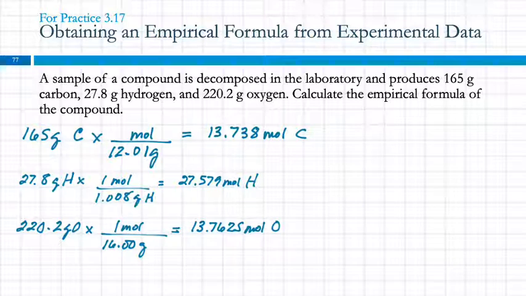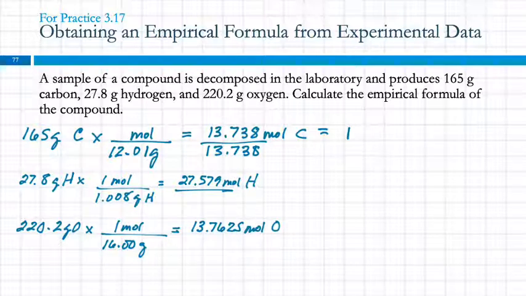I want the lowest, the smallest whole number ratio. So I'm going to pick the smallest of those numbers, which happens to be the carbon, 13.738. I'm going to divide everything by the smallest. So I'm going to divide this one by itself. So that one always comes out to be exactly 1.